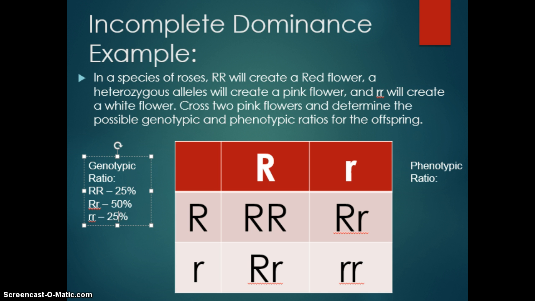Anytime they're heterozygous, it's going to be that combination of the two. So we would have 25% red, for pink you're going to have 50%, and for the white, we will have 25%.